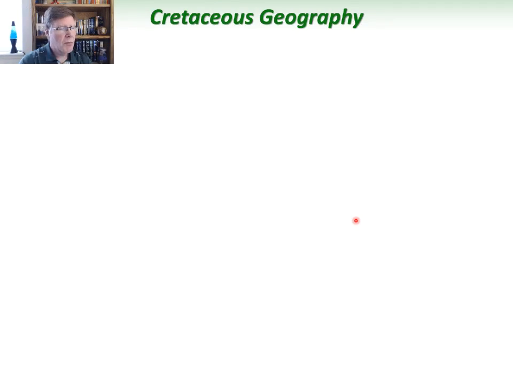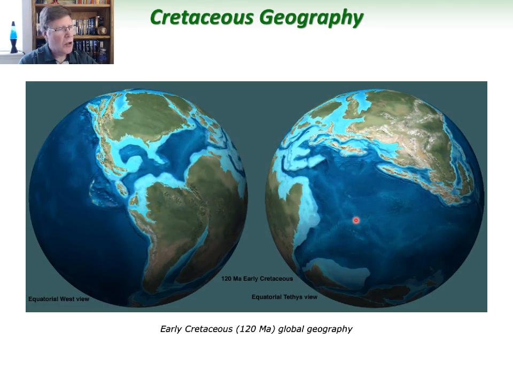Let's look at Ron Blakey's paleo globes, and here are the reconstructions for the early Cretaceous about 120. The Western Hemisphere here, you can see North America, the Gulf of Mexico prominent, Foreland Basin Ocean there in the north. South America and Africa starting to rift apart.